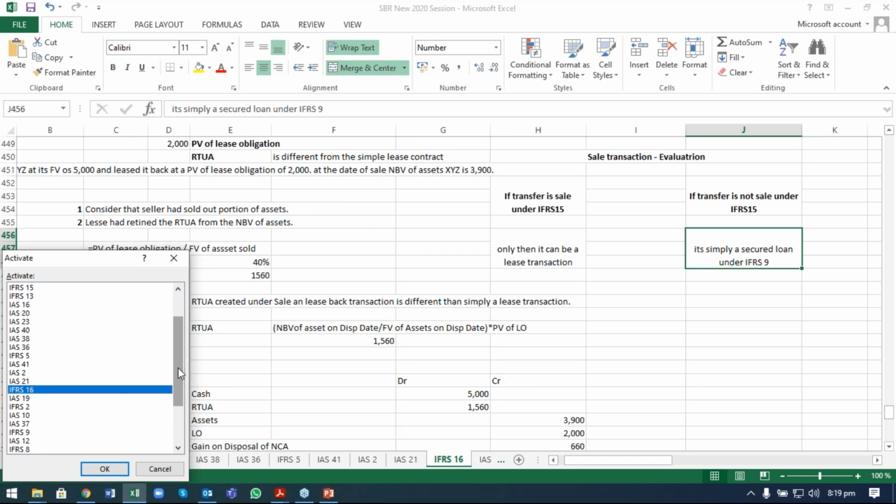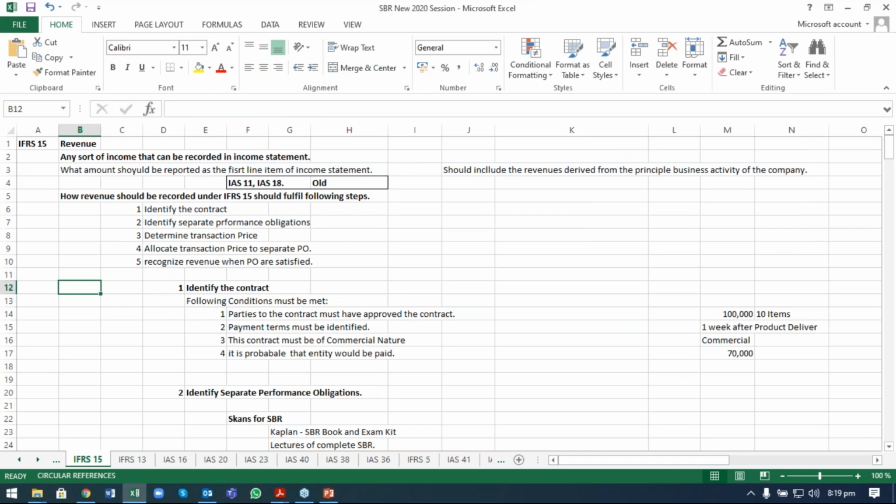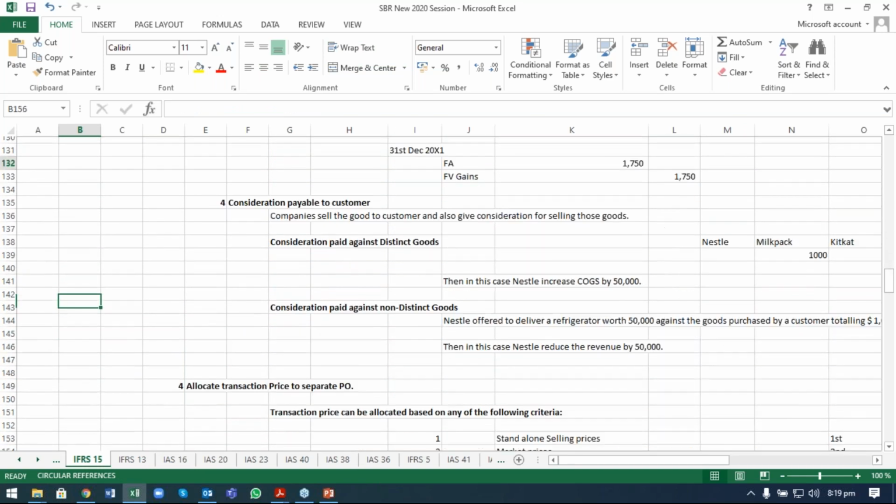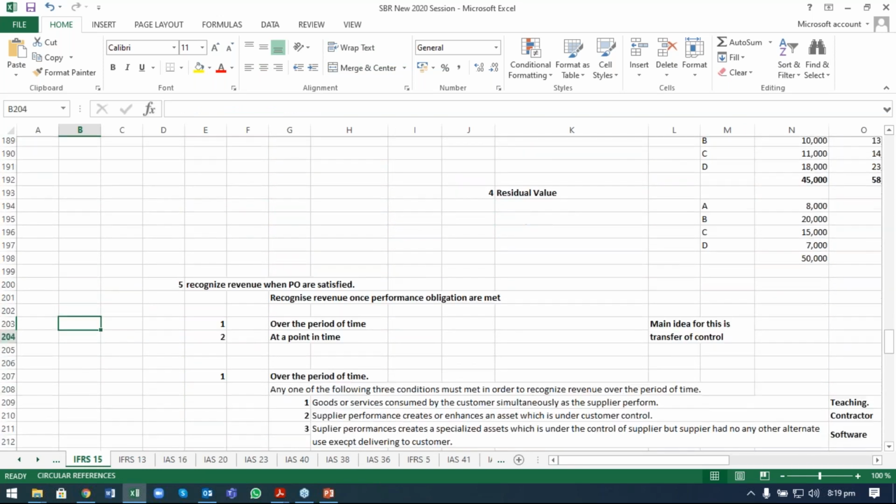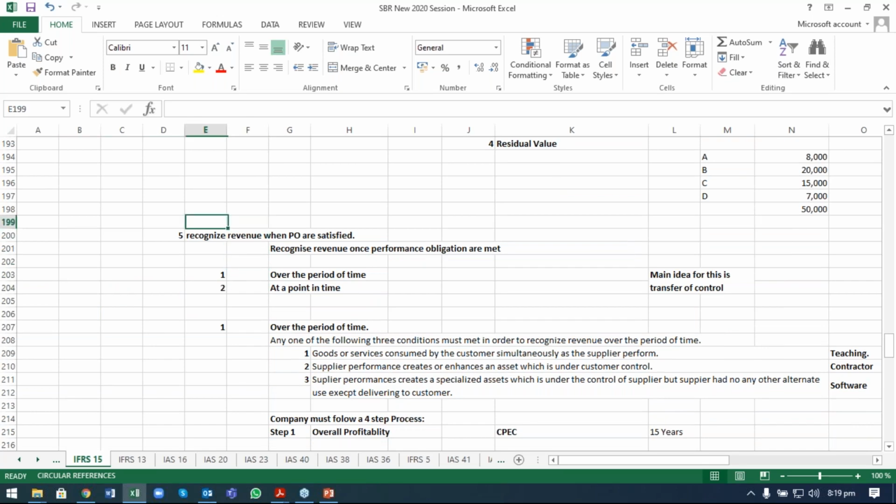You can recognize the revenue under two models: one is at a certain point in time, or over a period of time. So I'm looking into the at a point in time criteria, which is the recognition of revenue when performance obligations are satisfied.